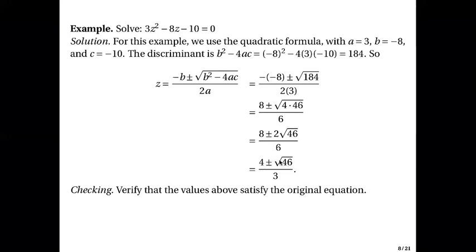One is the plus part here. The second one is the minus part. This here is actually 4 plus square root of 46 over 3 and 4 minus square root of 46 over 3. So those are two different numbers.